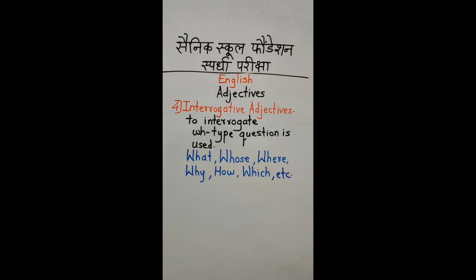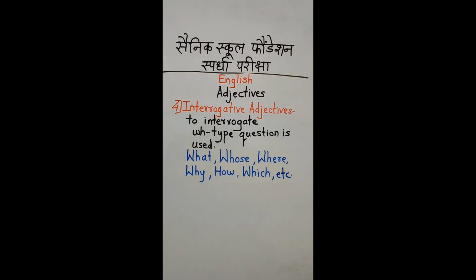Whenever we want to ask a question about the place or area of an object, we will use the adjective where. The next adjective is why. Whenever something has happened but we want to know the reason for that thing or event, at that time we will use the adjective why to ask a question.